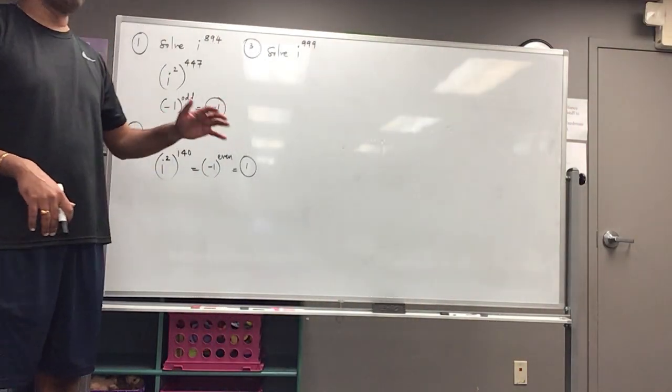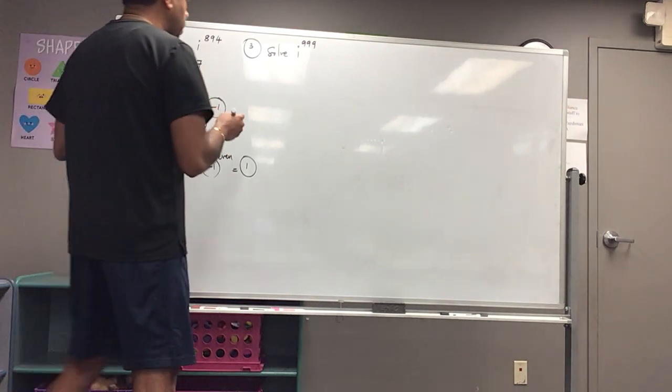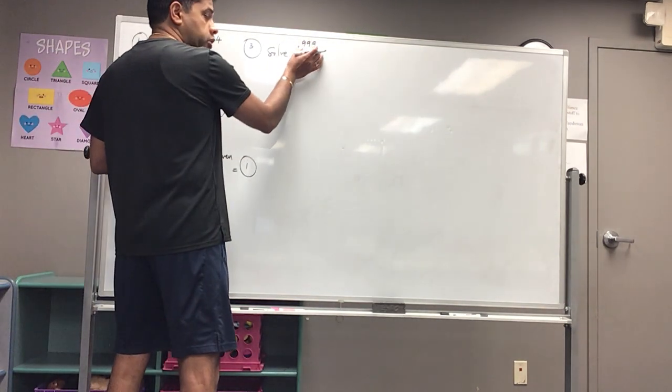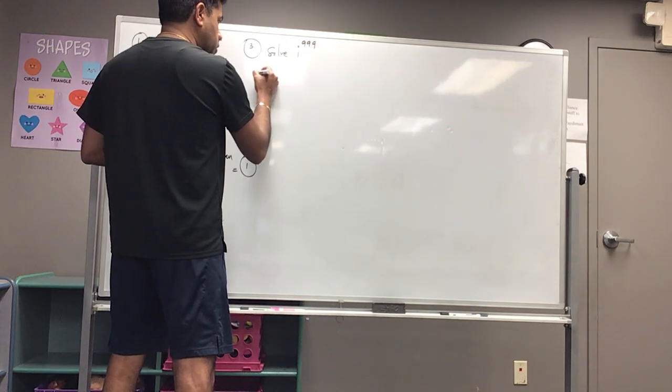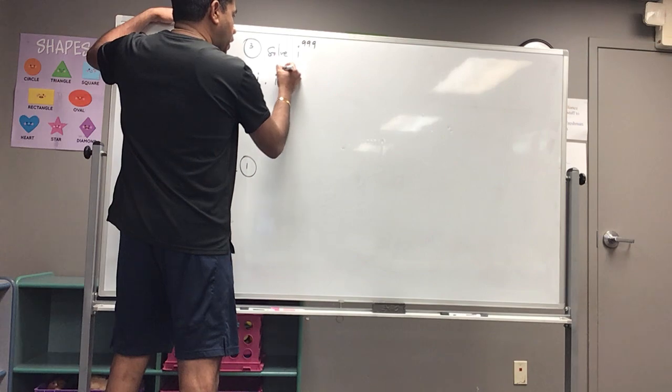Of course, when you have an odd exponent to begin with, things really change and you need to be a little bit cautious. So the first thing you have to do is to convert this into an even exponent by taking one i out. So you're left with i raised to 998.